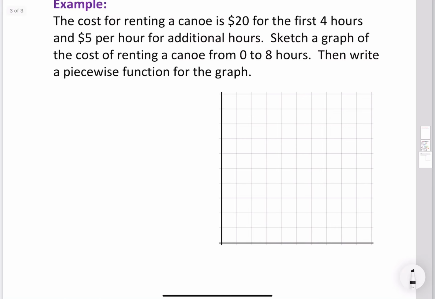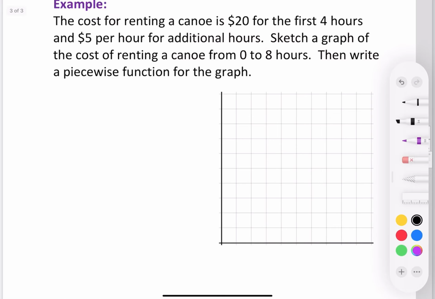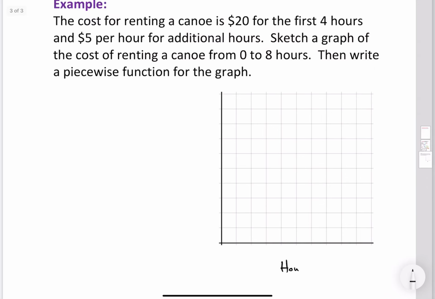So let's sketch out this graph here. So let's put in some scales here. I'm going to go ahead and let the bottom represent our hours, and then I'm going to let the y-axis represent our cost. And I'm going to start off with 0 at the end. So we got 1 hour, 2, 3, 4, 5, 6, 7, 8, 9, 10.